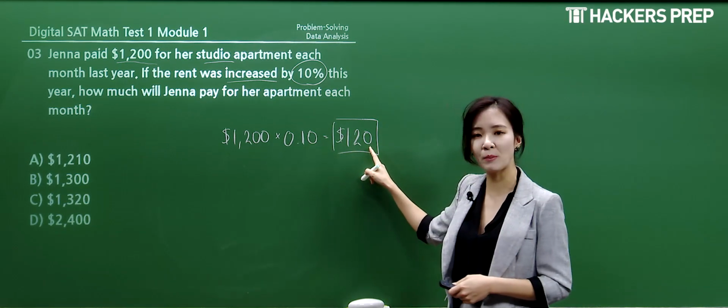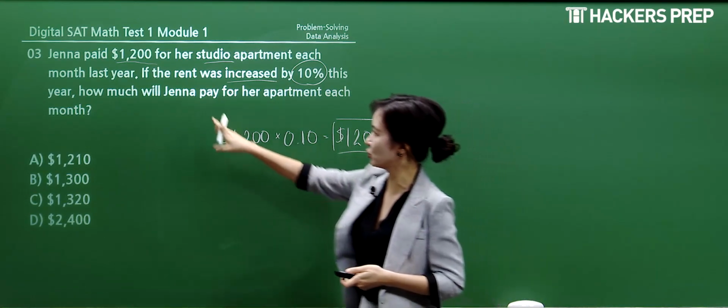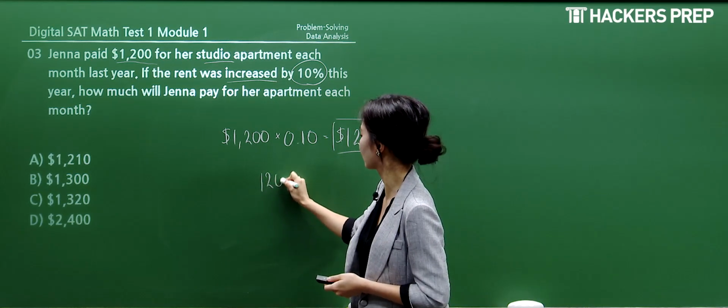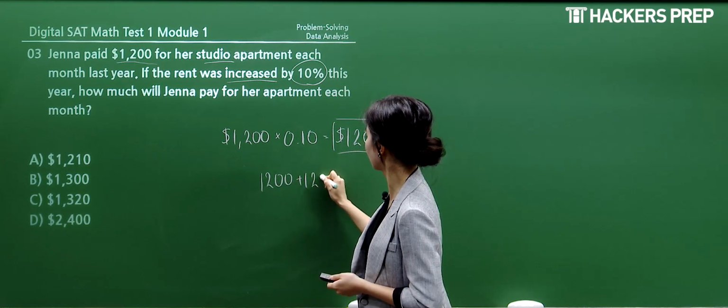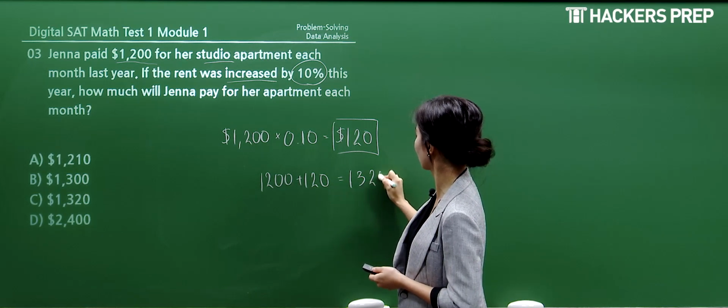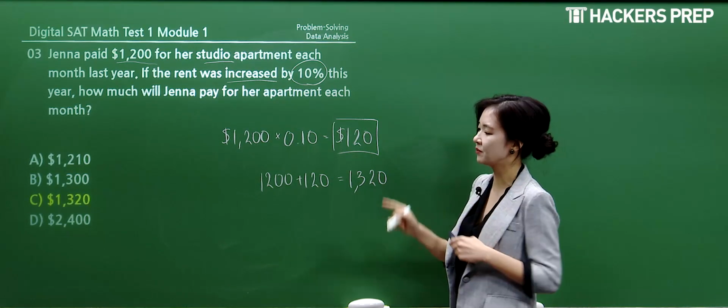So this value represents the exact amount of increase, or the value that was added to the original rent, which is $1,200. So once we add this value, this is going to be $1,320, and so the answer is going to be C.